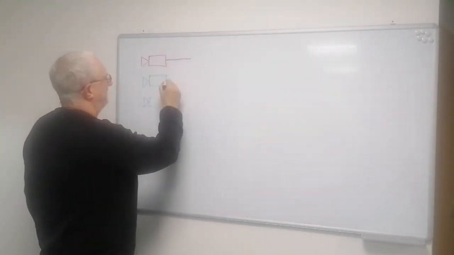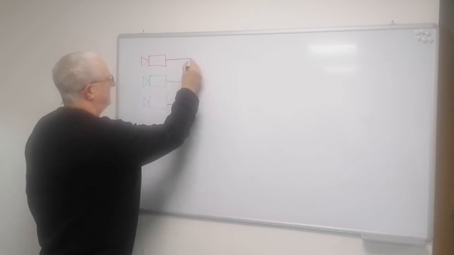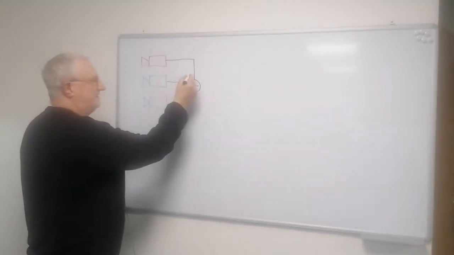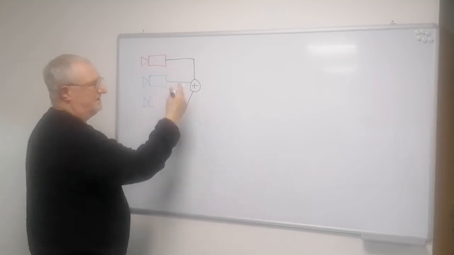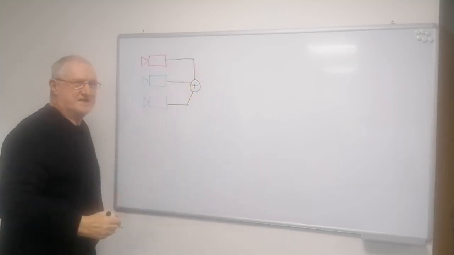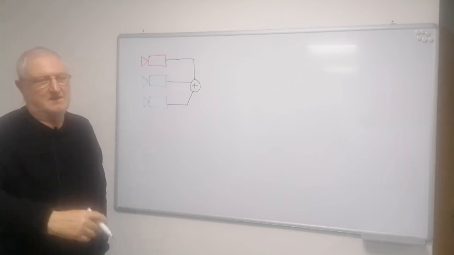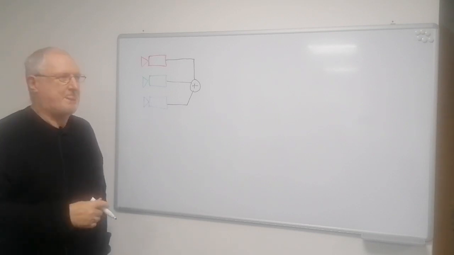So if we take these signals and add them together, but again, this is not 30%, 30%, 30%. These have different weightings. They're weightings that depend on the sensitivity of the eye to color. The eye is more sensitive to some colors than other colors.